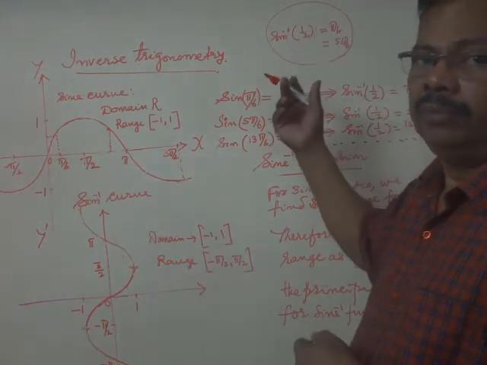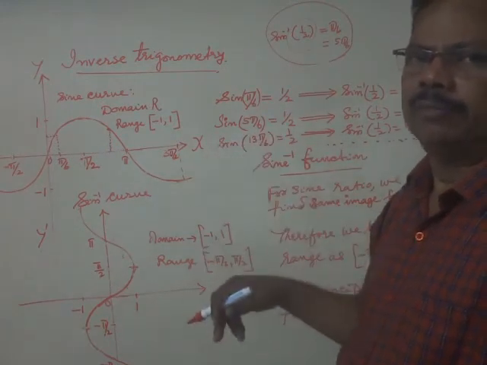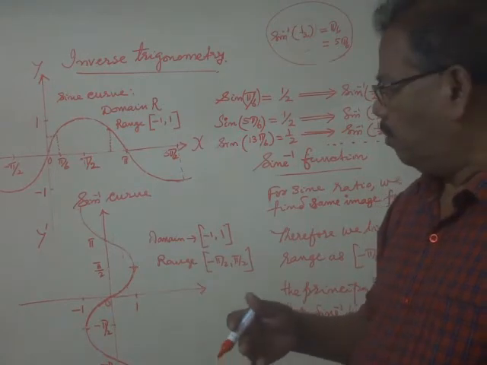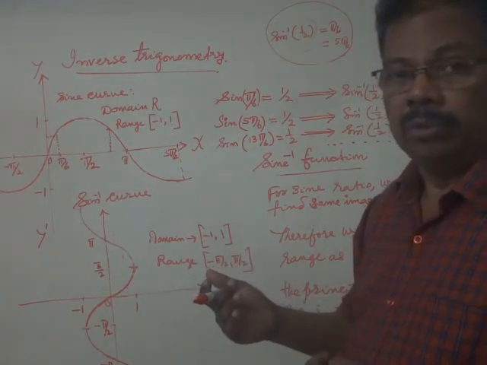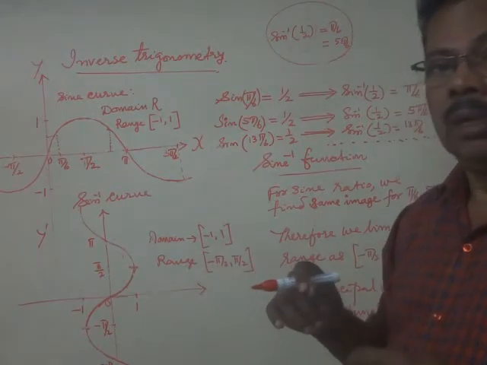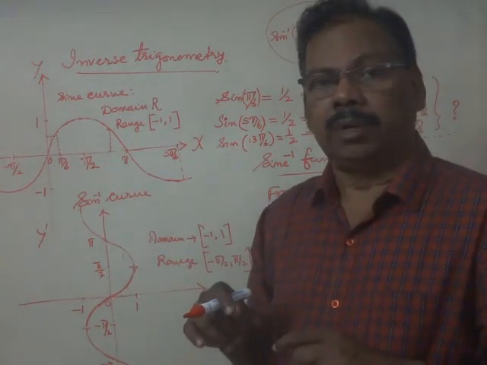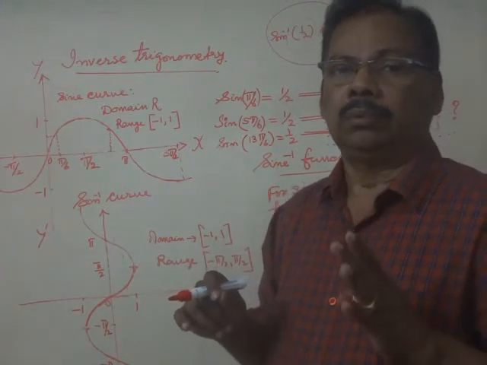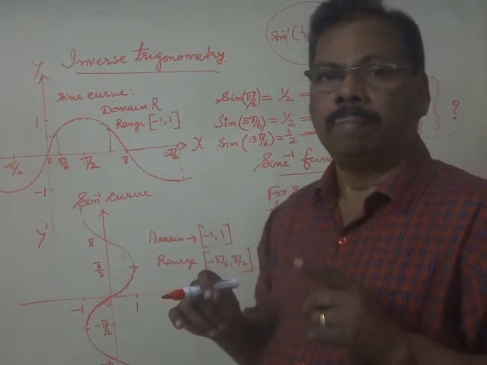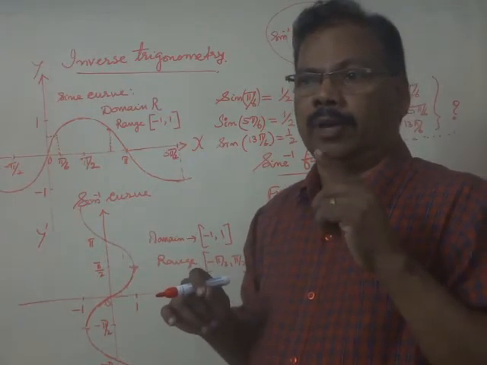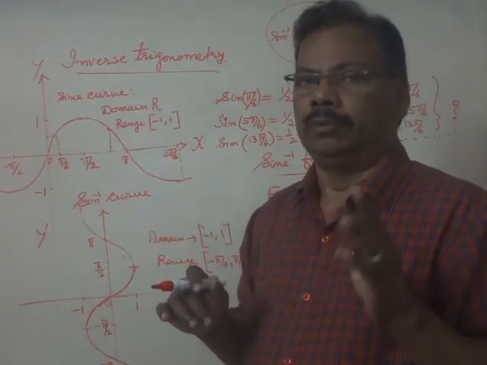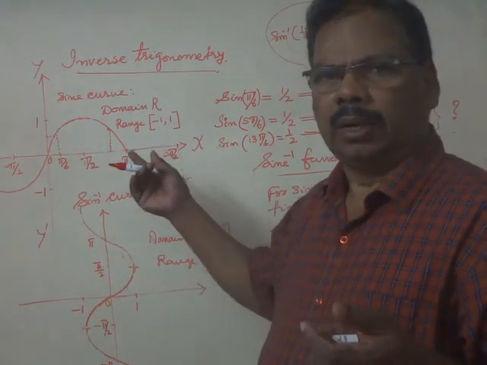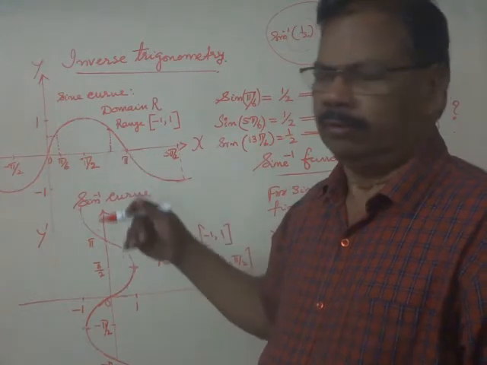If sine x equals half, inverse is sine inverse half. Then we will be confused. We cannot get only a particular value for sine inverse half. This half is taken as a random x.